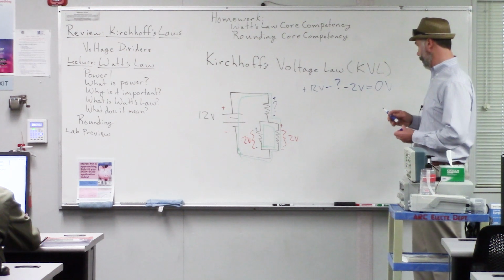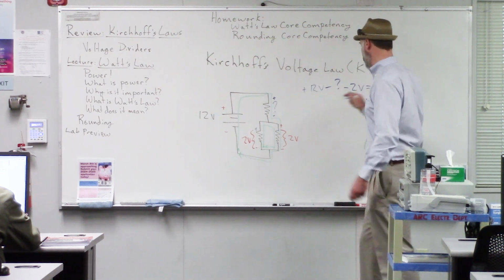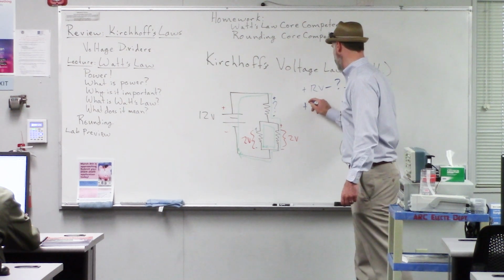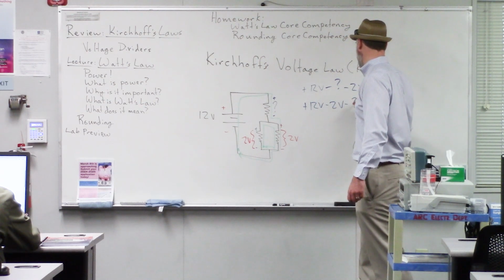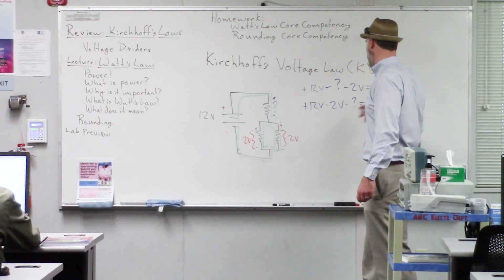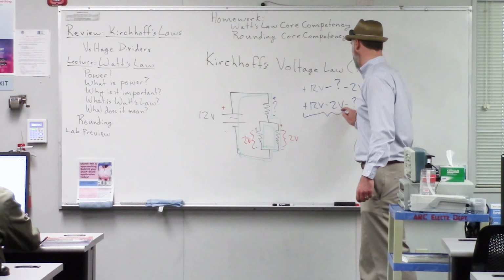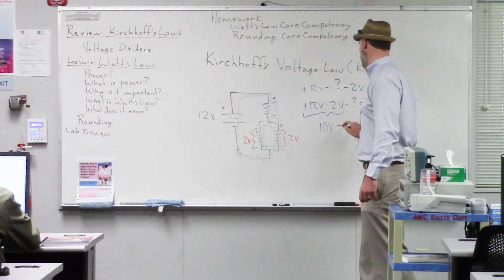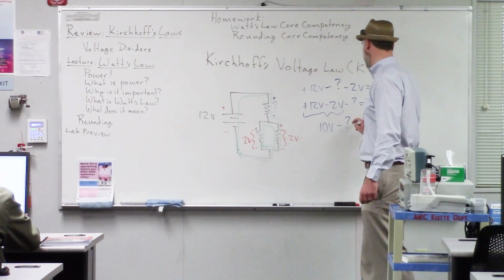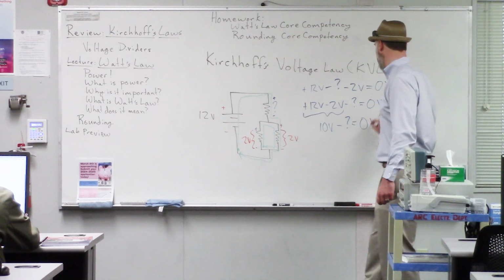Okay. So then if we wanted, we could sort of change the order here. We could say plus 12 volts minus 2 volts minus our unknown equals 0 volts. And then we could look at these and say, okay, 12 volts minus 2 volts, well, that's 10 volts. And then minus our unknown voltage equals 0 volts.